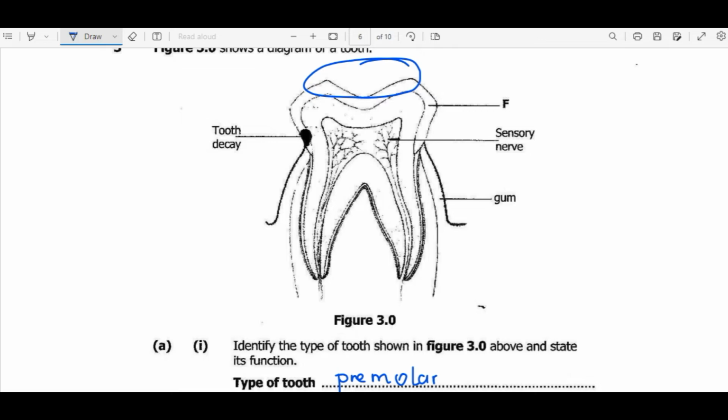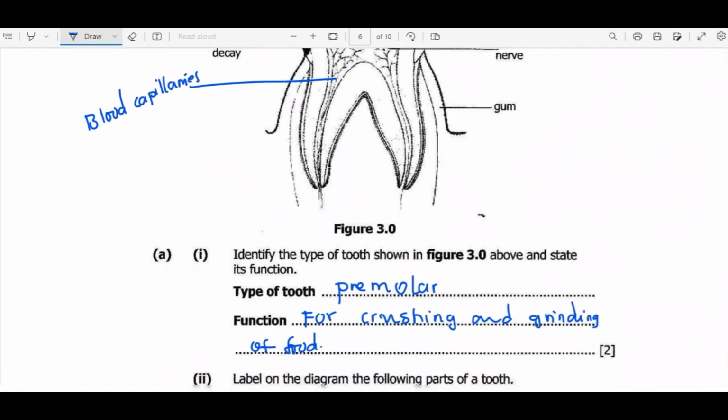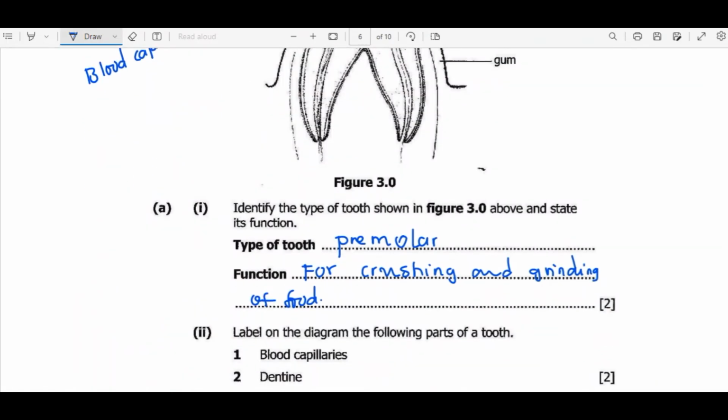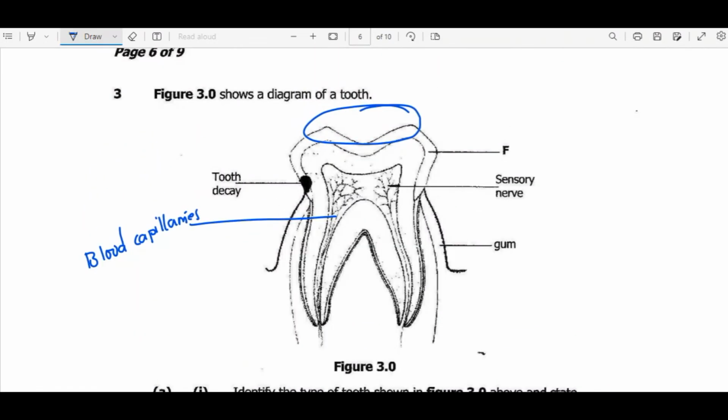So we can just see, label this side here. So we'll have blood capillaries. Then what else are we supposed to label? Dentine. So the dentine is just the region after the F, which is enamel. So this is our dentine here.